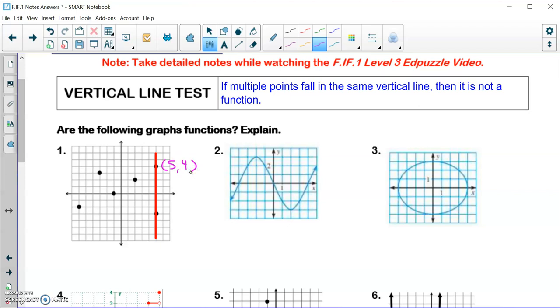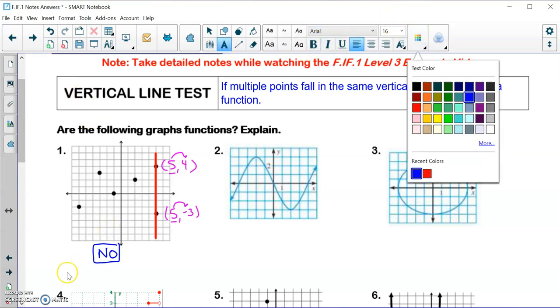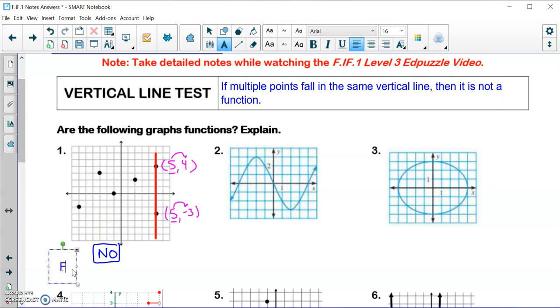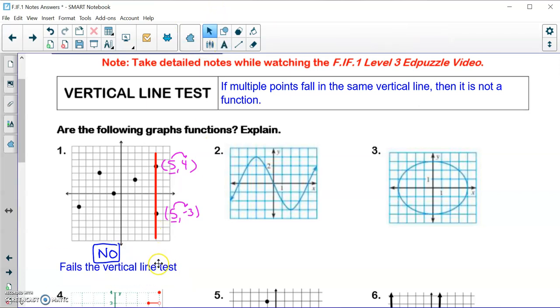And this next point here would be the point 5, -3. And so we do have the same x value being mapped with two different y values, but we should know by now that that is considered not a function. So this is no. And then it does say to explain. Now we can be specific by saying that this just fails the vertical line test. That's specific enough for me for the graphs.